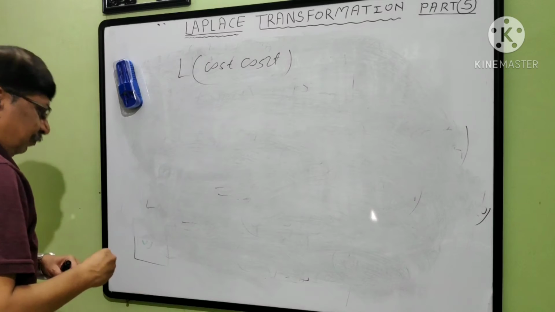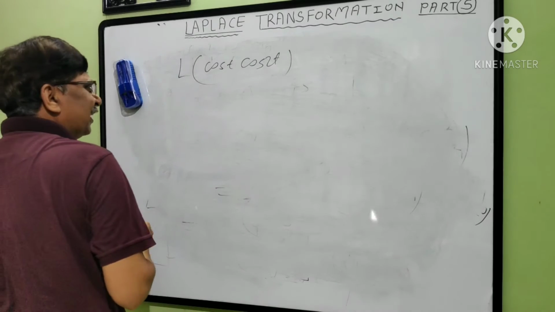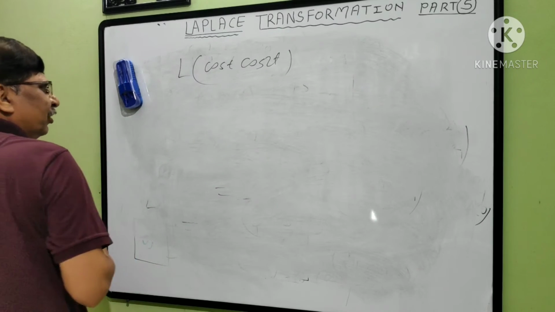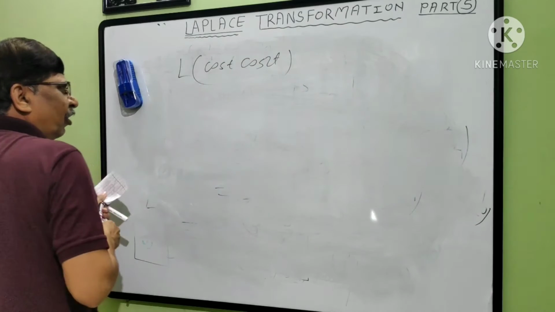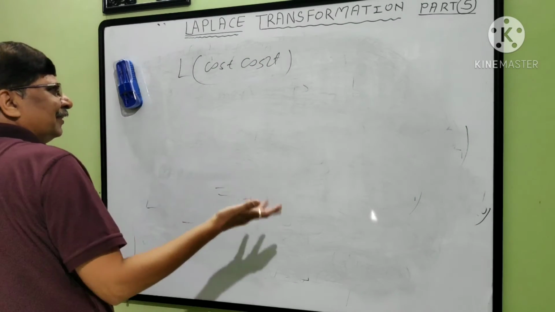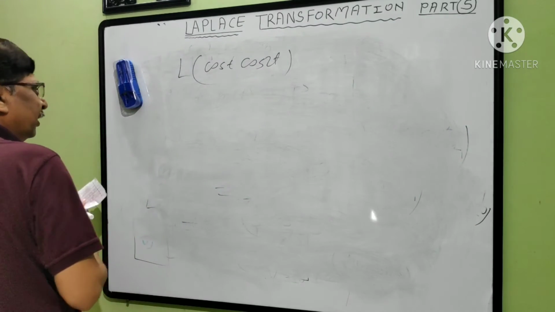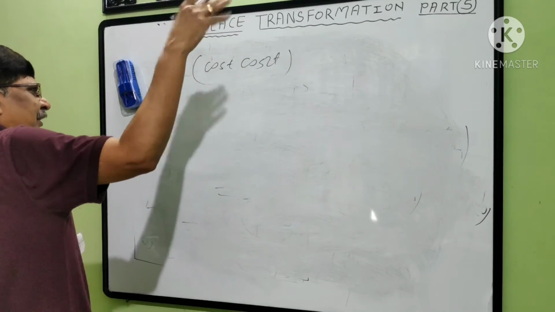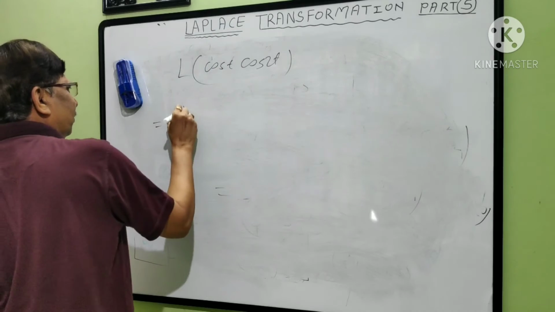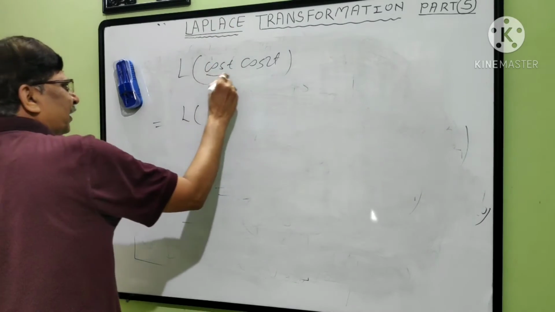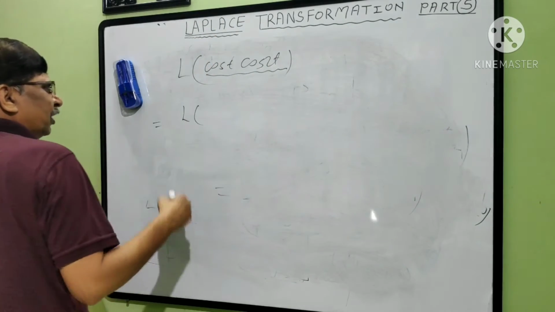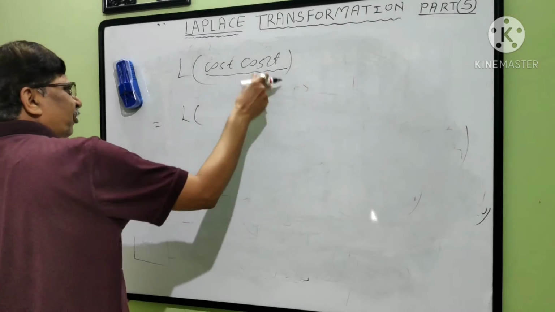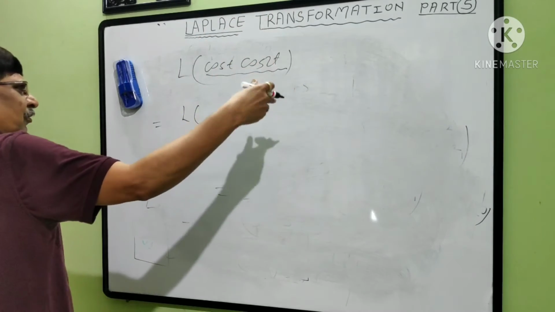Actually here there is a multiplication. Multiplication means there is no rule for multiplication, so you have to convert this in terms of addition or subtraction. That is the factorization formula, you know, from 11th, 12th standard. Because there is no rule for multiplication, I am going to convert this in terms of addition or subtraction.